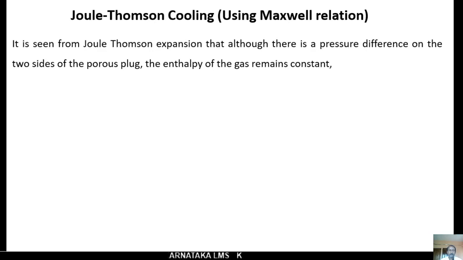Dear students, it is seen from Joule-Thomson expansion that although there is a pressure difference on the two sides of the porous plug, the enthalpy of the gas remains constant.